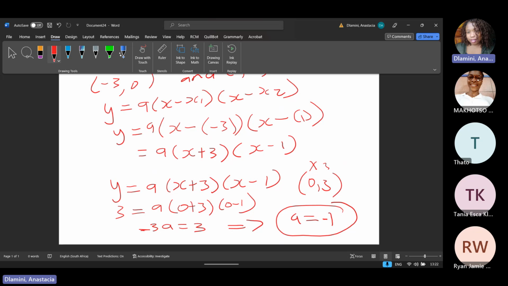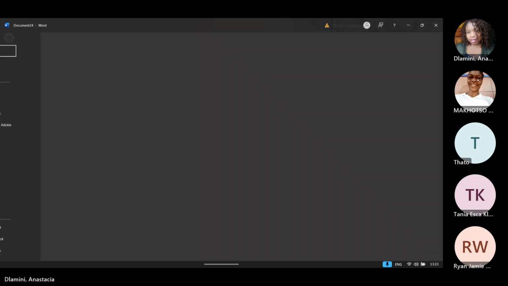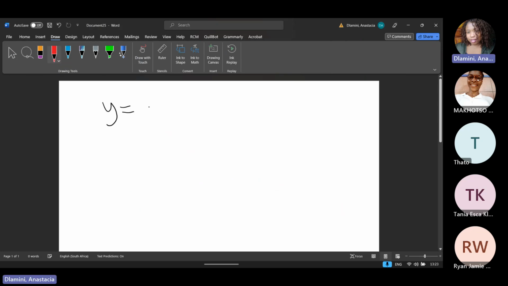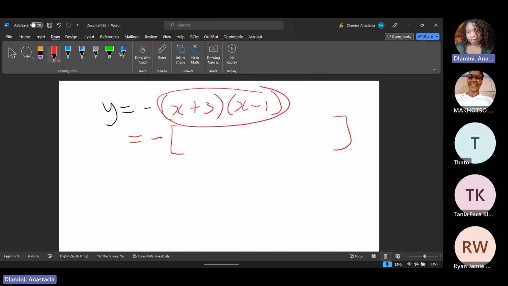Thank you. Basically, if you understand your graphs, you definitely understand your solutions as well. So now y equals negative 1 times (x plus 3)(x minus 1), and then we simplify this. Remember, put square brackets so that you simplify this and don't make a mistake.